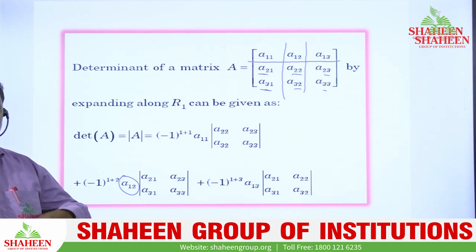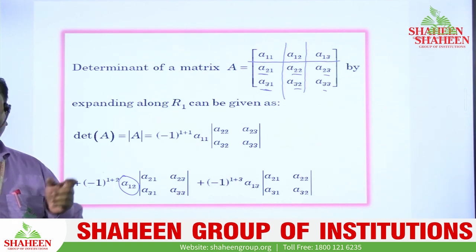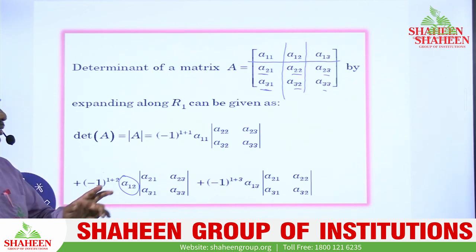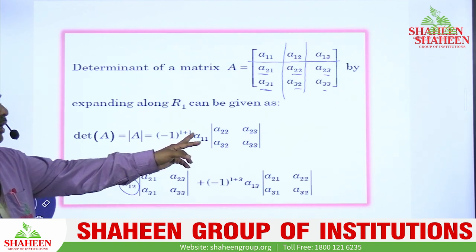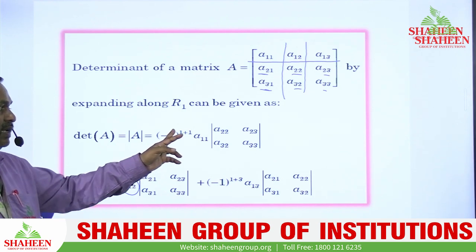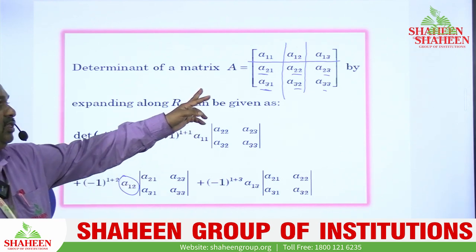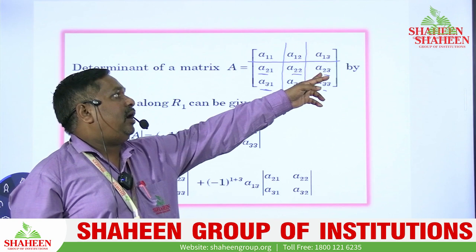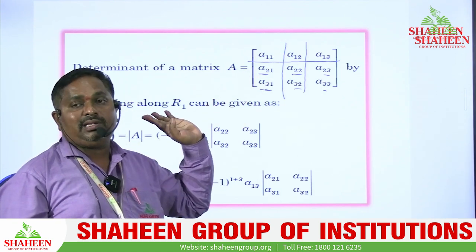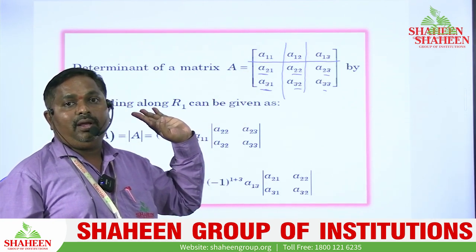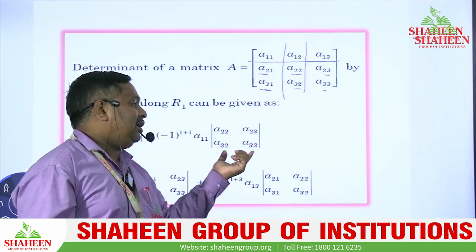Okay, for example, if you are taking the second row of this matrix, then the first term becomes a21 with minus 1 power 2 plus 1, and then you leave the row and column in which a21 is lying. Then the remaining four elements you write in the determinant.